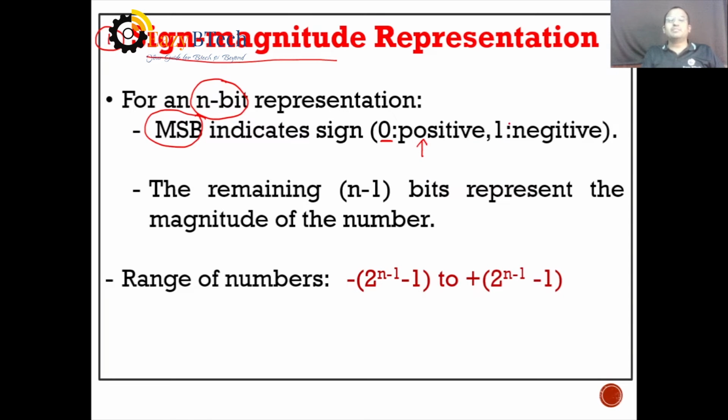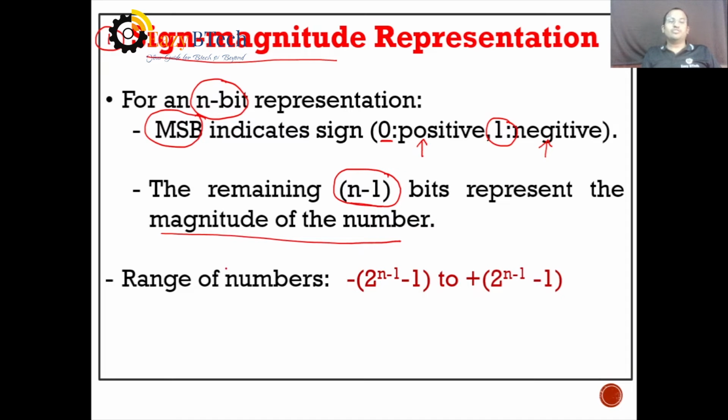If the MSB bit is 1, that indicates that the number is negative. The remaining n-1 bits will represent the magnitude of the number.